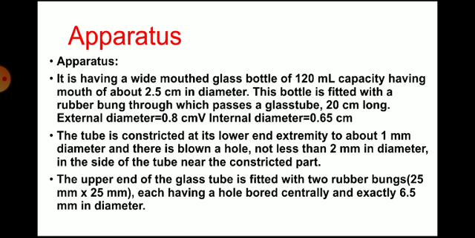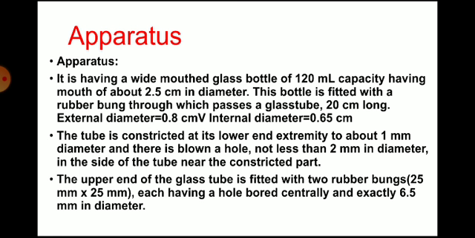The apparatus we use for arsenic is a wide-mouth glass bottle of capacity 120 ml with 2.5 cm diameter at the mouth. The bottle is fitted with a rubber bung through which passes a glass tube.